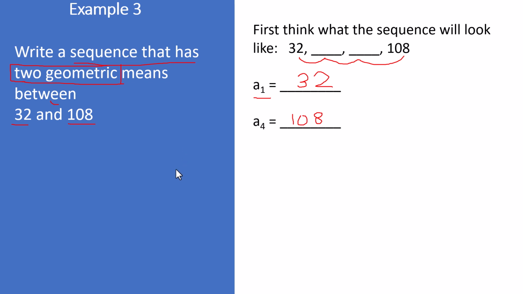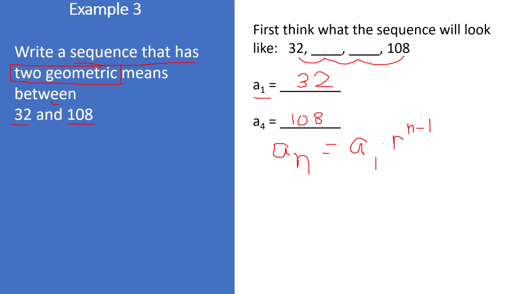Trying to find my pen again. All right, here we go. The formula is A sub n is equal to A sub 1 times r to the n minus 1.